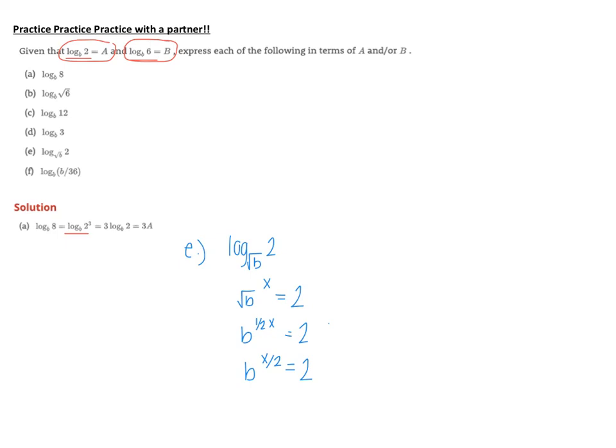Because all my answers are in terms of log. Well, I can do that now. Now that I simplified the exponent, it might be easier. So getting it into log, it's going to now be log base b. The argument is 2, but this time it's going to equal x over 2.